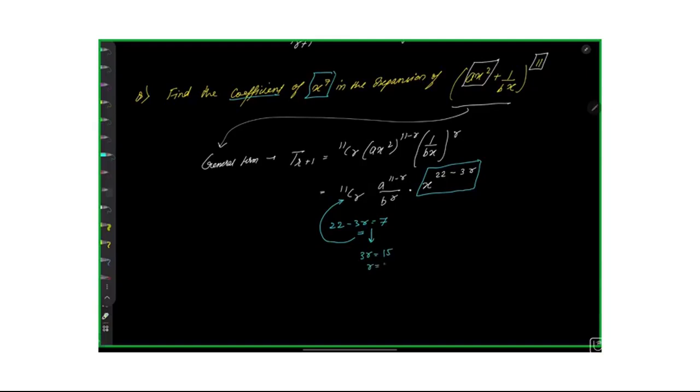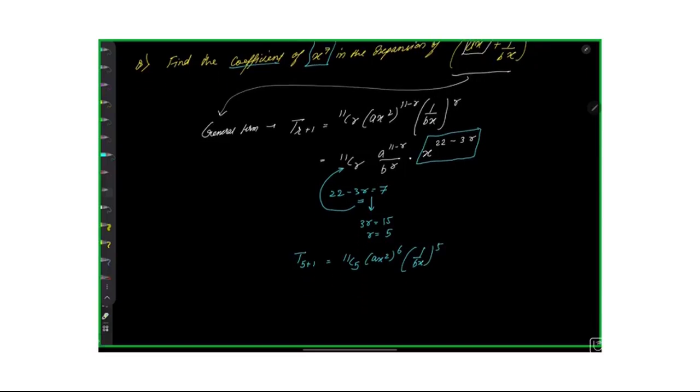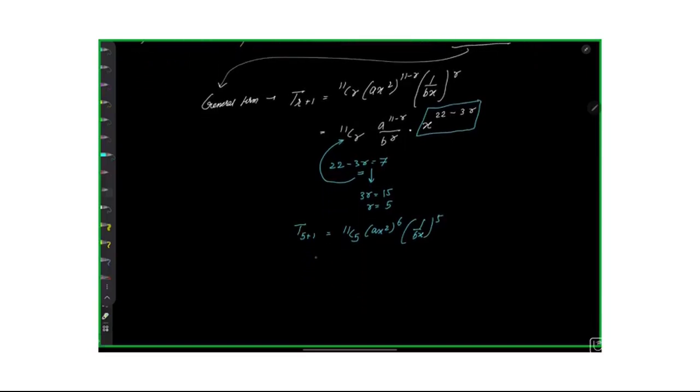So r equals 5. Let's substitute. It will be T(5+1) equals 11C5 (ax squared) to the power 6 (1 by bx) to the power 5. Am I right? Any doubt here? So what is the answer? 11C5 a to the power 6 over b to the power 5 into x to the power 7, right?